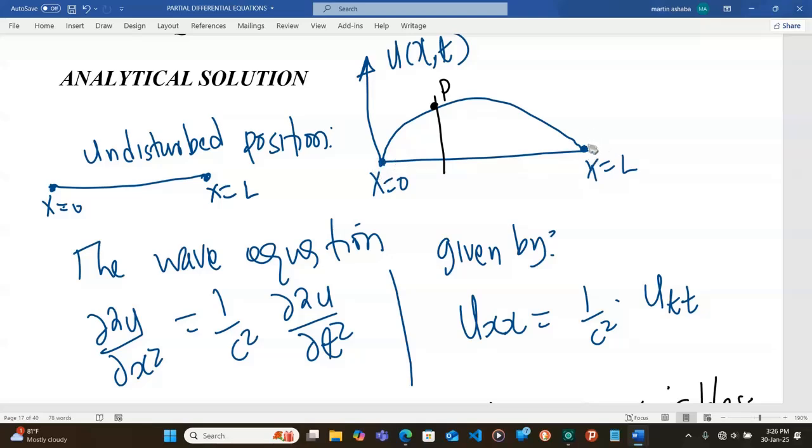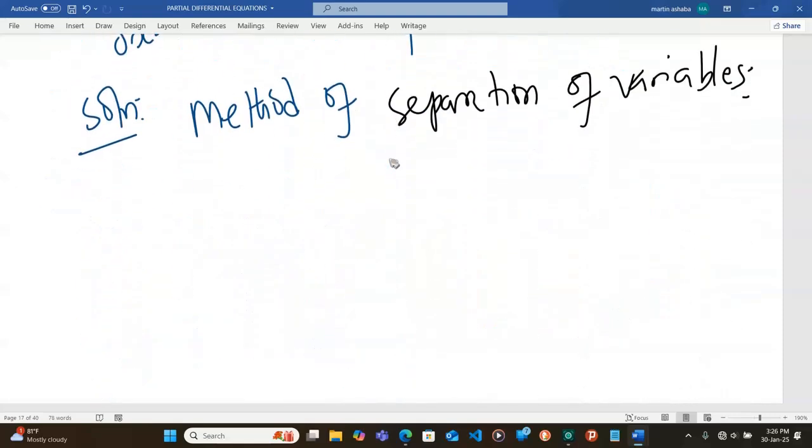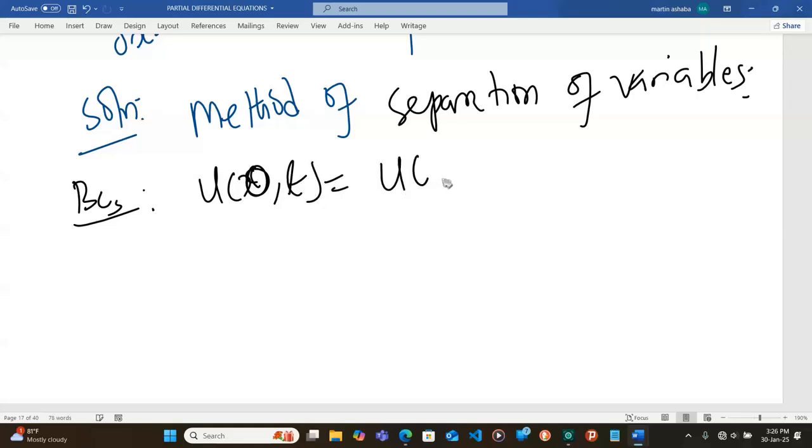So there is no motion here, there is no motion here. So that is very important. And of course, the boundary conditions: u(0,t) is going to equal u(L,t), and this is equal to 0.